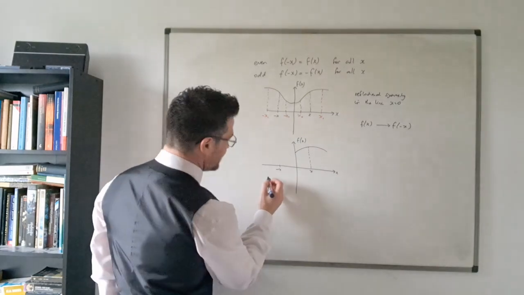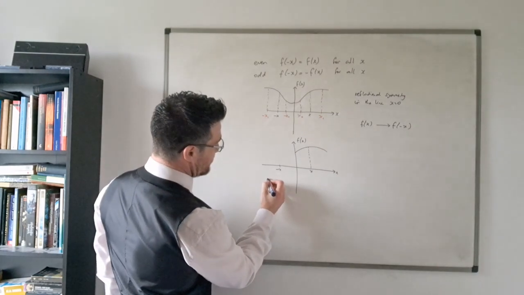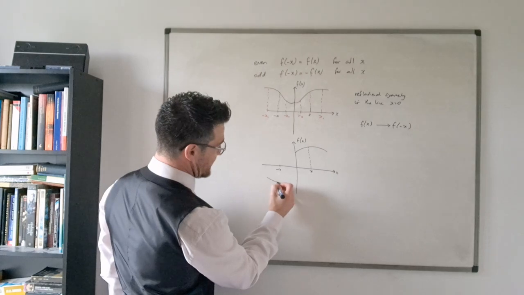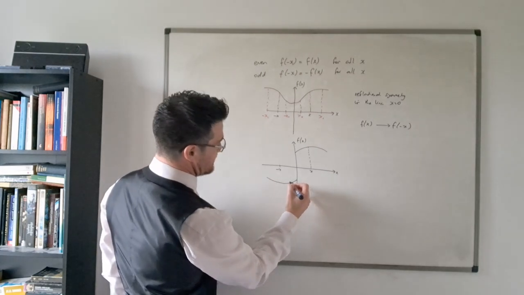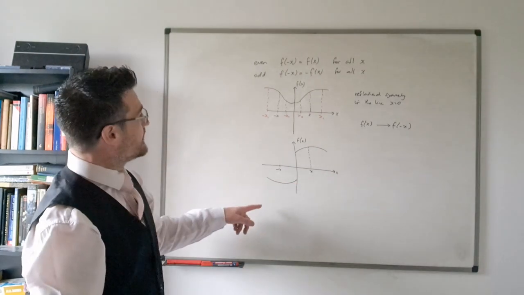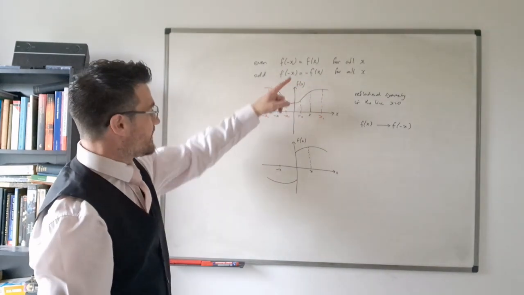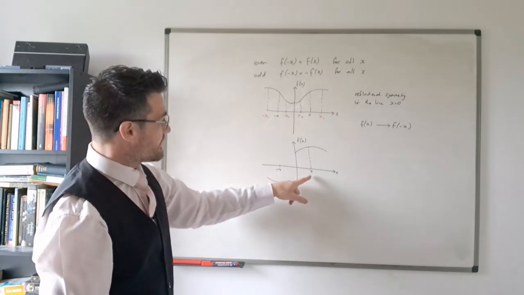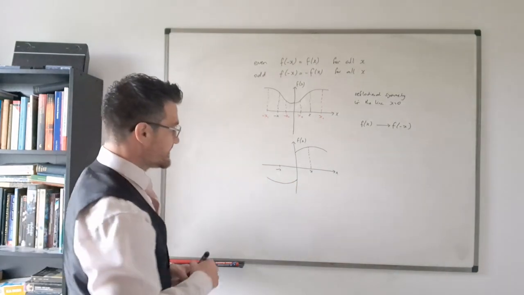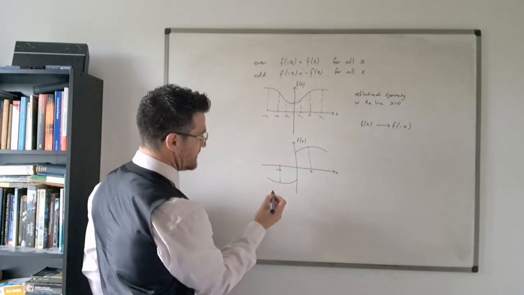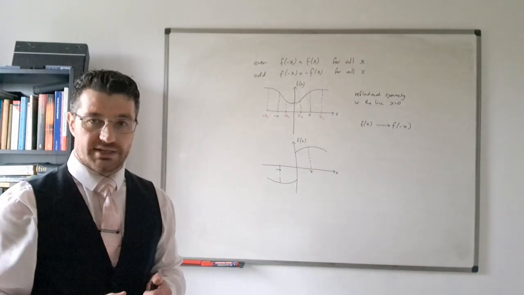Okay. So, what I'm going to expect to see is something that kind of looks like this. Right? This satisfies this for all x, right? f of minus x equals f of x. Or does it? Does it satisfy all of the conditions? It doesn't quite.